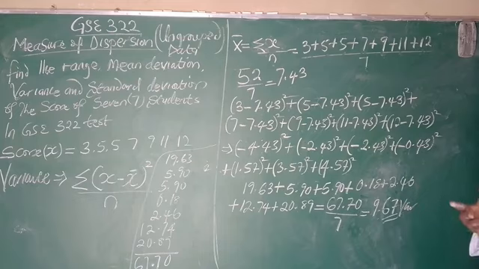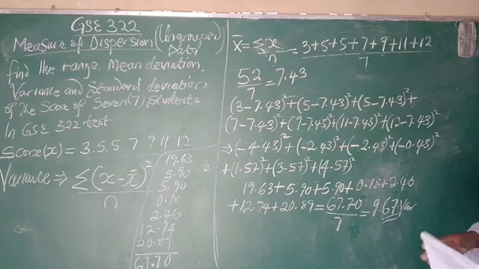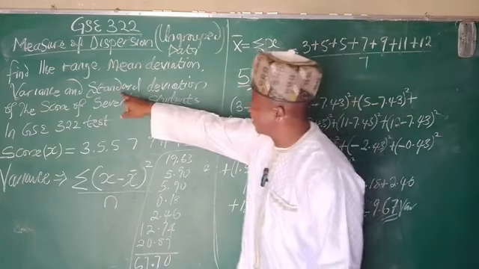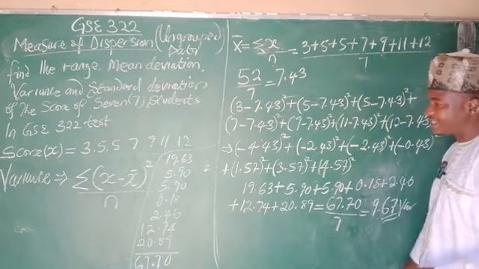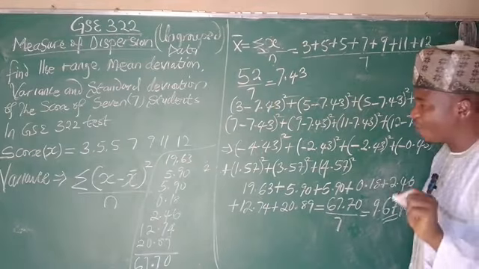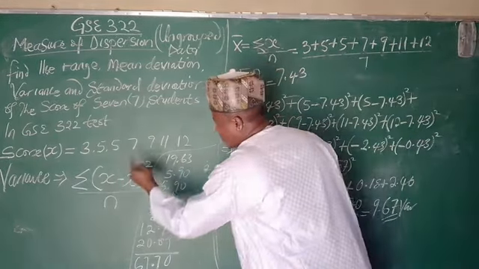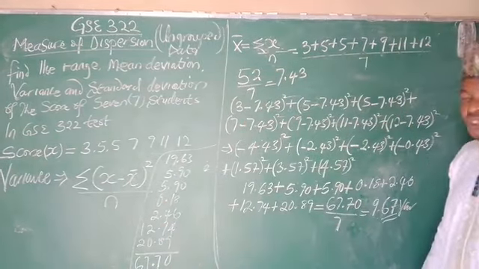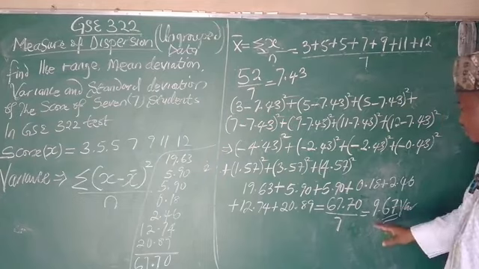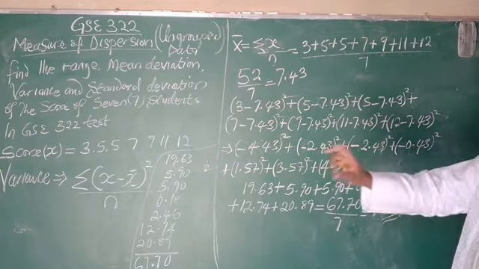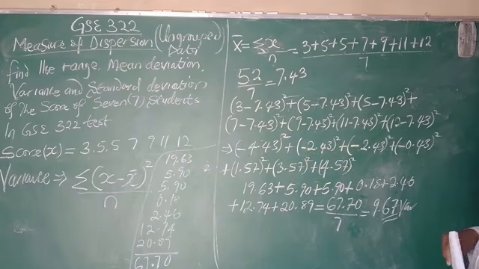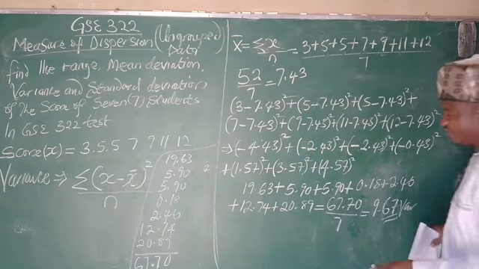So what next? The next is standard deviation, which is the last. And the standard deviation is simple. The formula for standard deviation is the square root of variance. Whatsoever you get as your variance, you just have to take its square root, and that is our standard deviation.